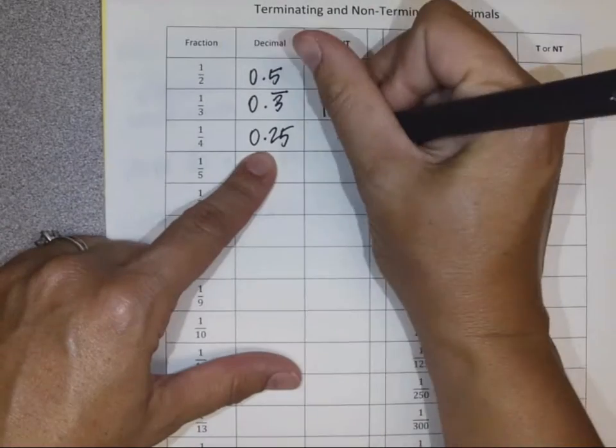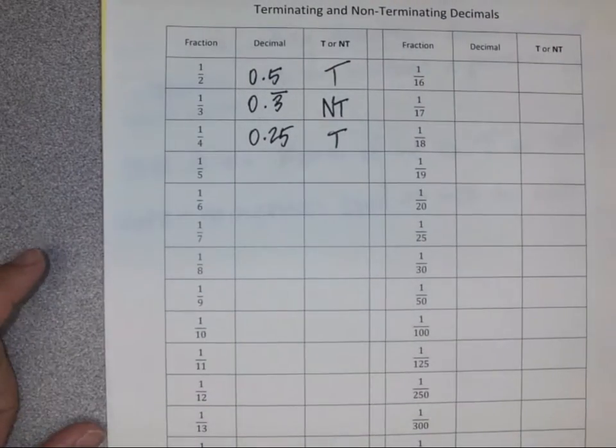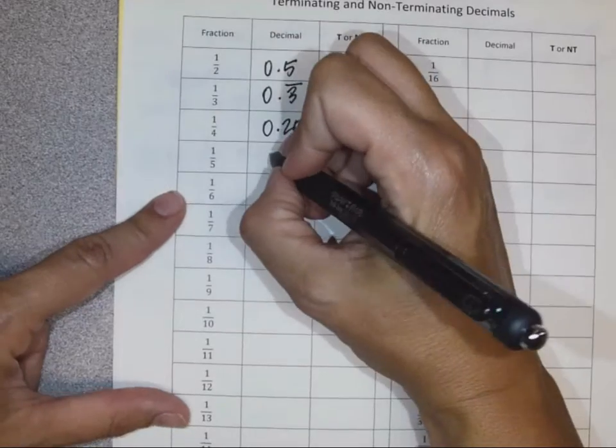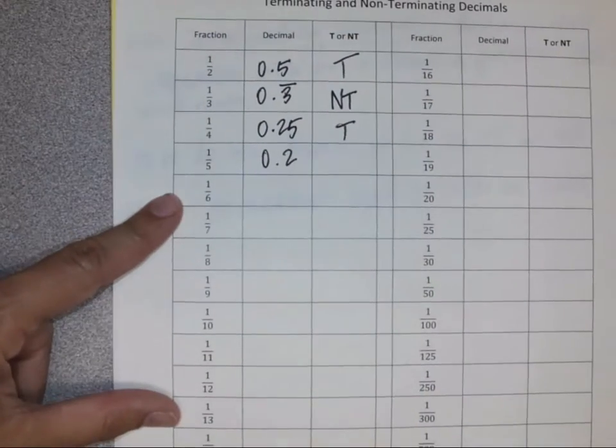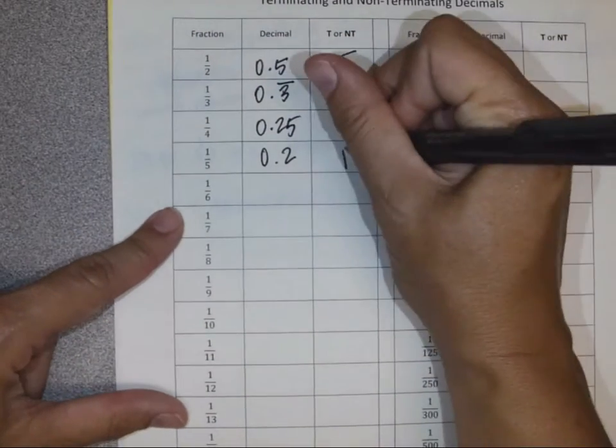It ends, it's a terminating decimal. 1/5 is another one we've already talked about, 0.2 or 2/10, and that is a terminating decimal because it ends.